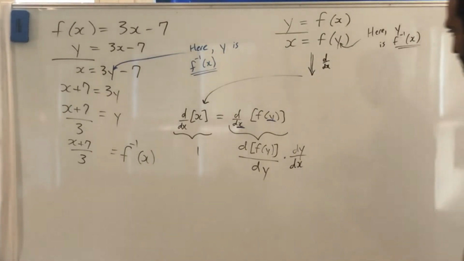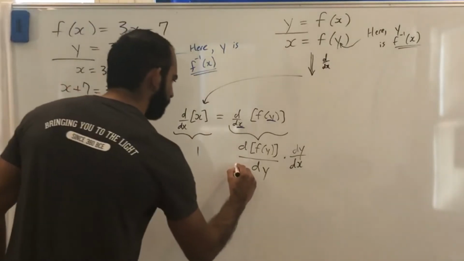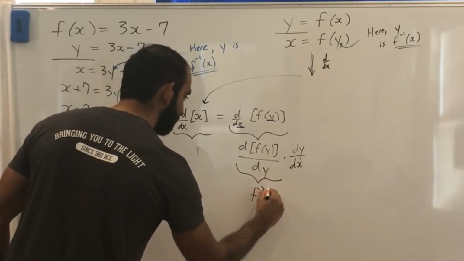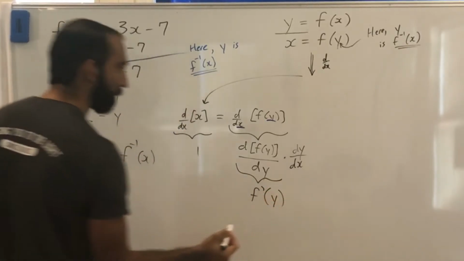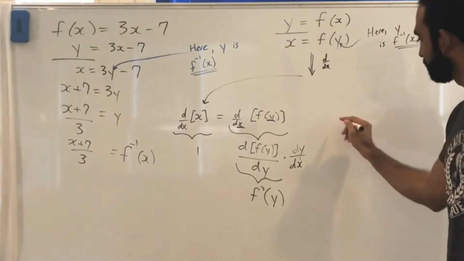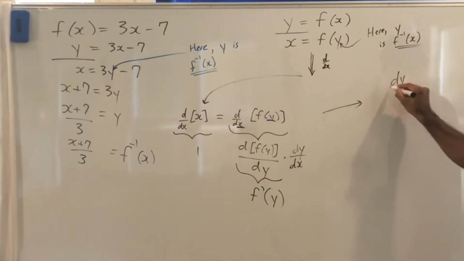So, see what I got here. The derivative of f of y with respect to y, I can just rewrite notationally as f prime of y. Cool, great. Now, if I want to solve for dy/dx, what do I do to both sides?